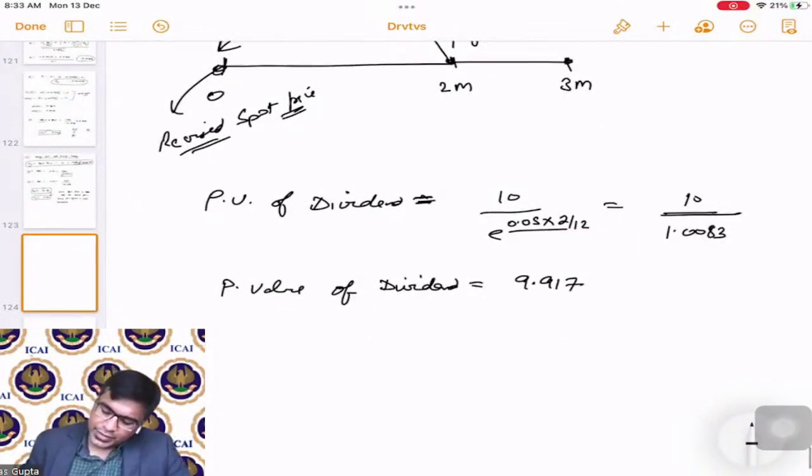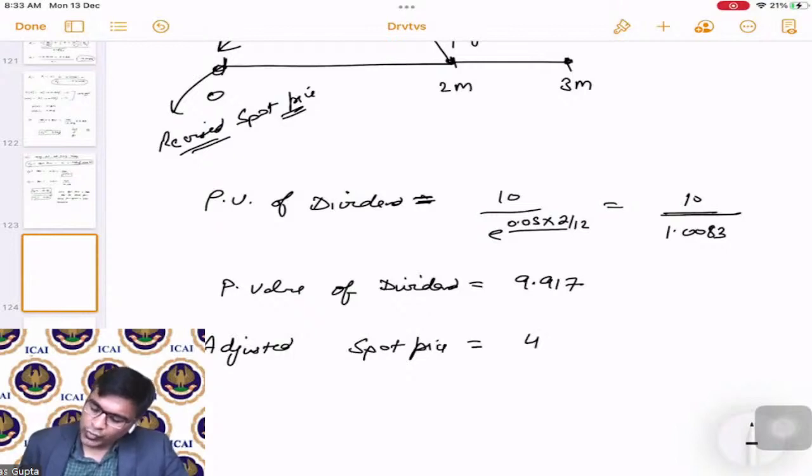Hence, the adjusted spot price is equal to 408 minus 9.917, correct? Which is equal to 398.083.